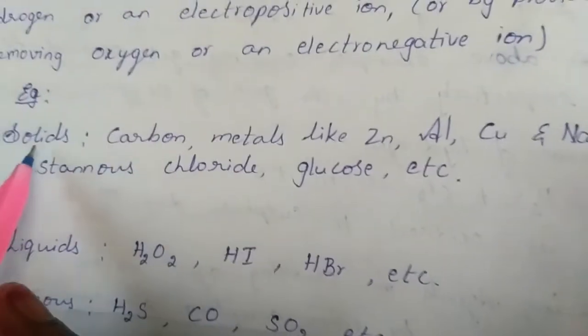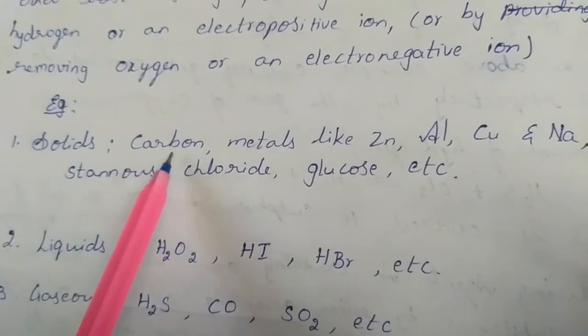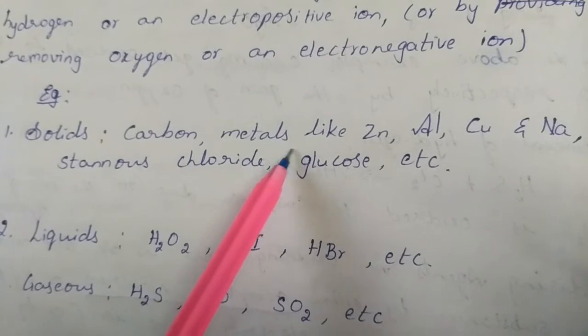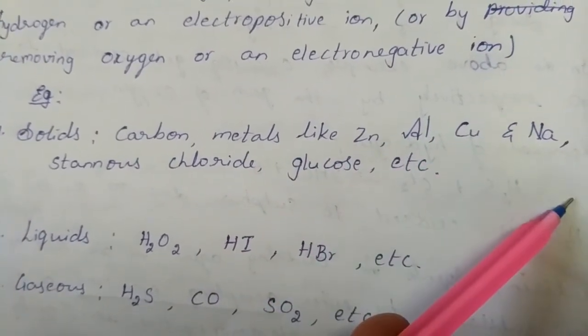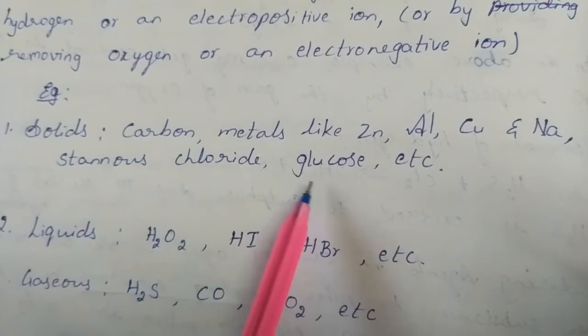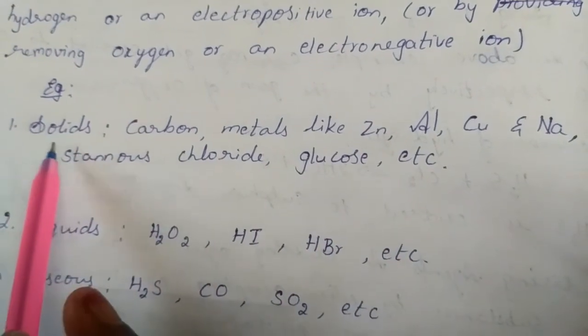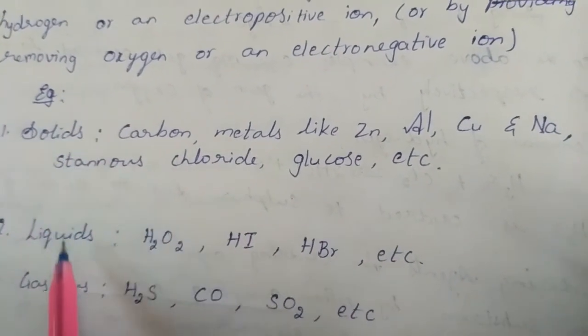Examples of reducing agents in the solid state are carbon and metals like zinc, aluminum, copper and sodium, stannous chloride, and glucose.